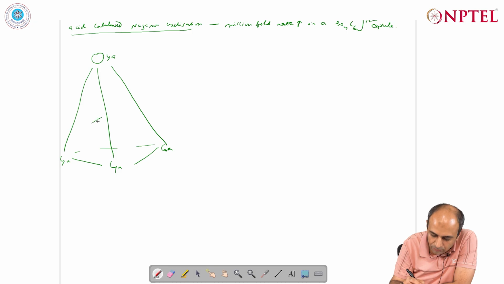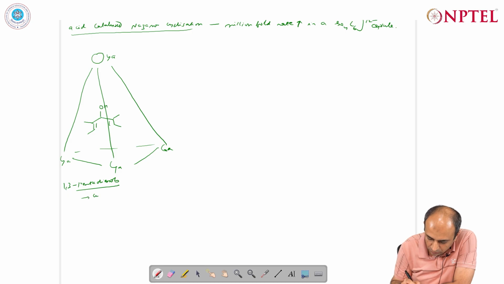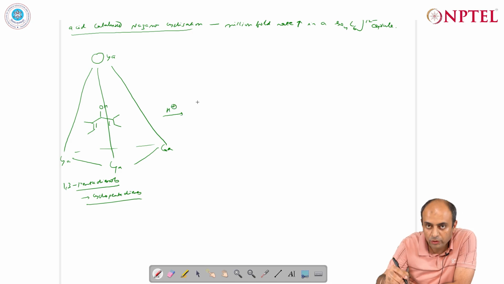So, you have the, now this is my OH group. So, these are my pentadienols, 1,3-pentadienols. These give rise to the cyclopentadienes. Now, in the presence of an acid, I am not going to draw the cavity again.